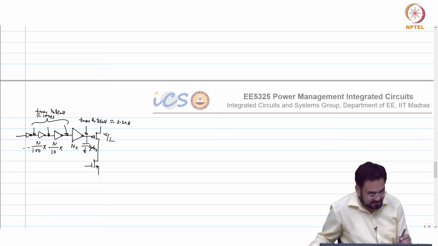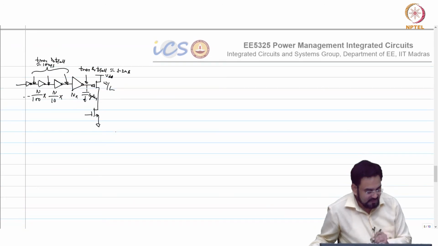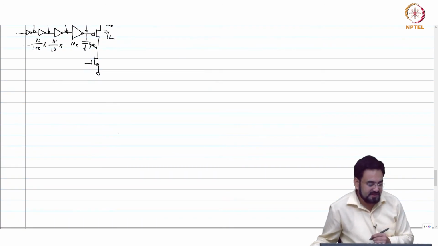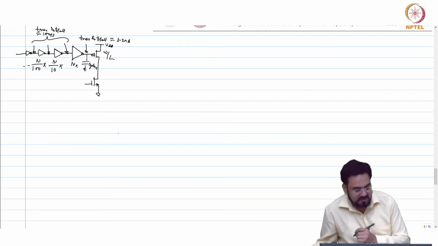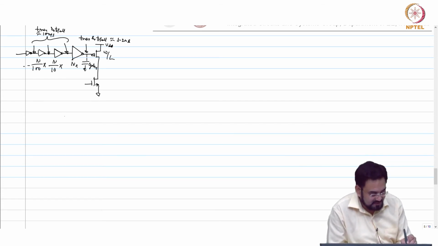That's how you do it, and then you have the non-overlap clock generator. So let's see how we do that.